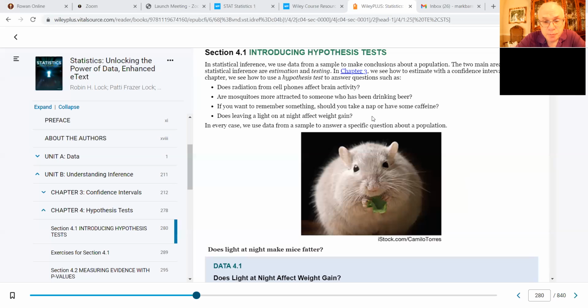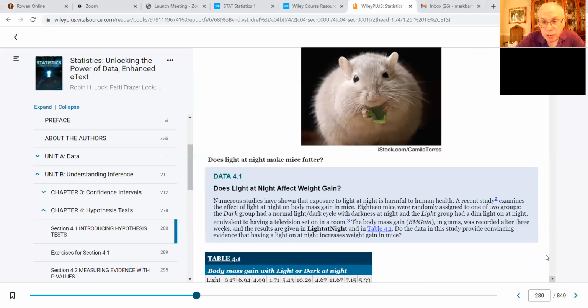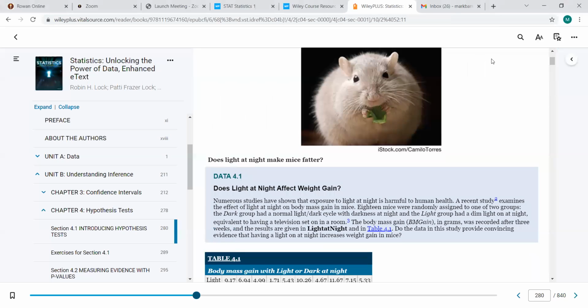Now, one of the examples that we'll be looking at in the book has to do with light during the night, and whether it actually has a bad effect by having light on when you're sleeping. This study actually was done with mice, not with humans, but let's take a quick look at it.